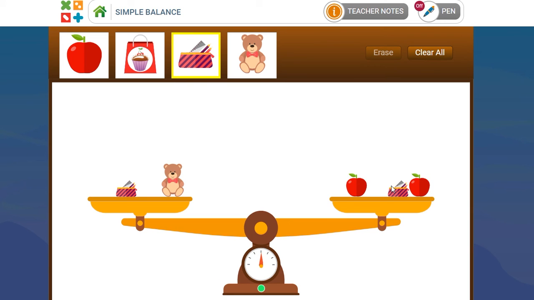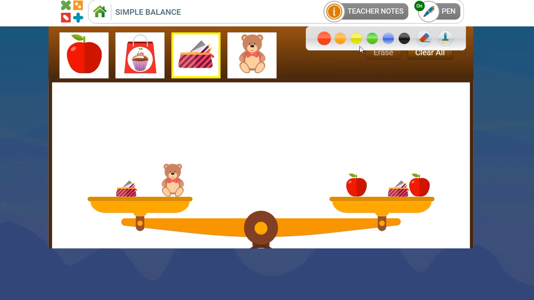So now we have a balanced equation. For example, we say to the children that on each side of the balance, the objects in total weigh 50 grams. So we have 50 grams on each side of our balance.